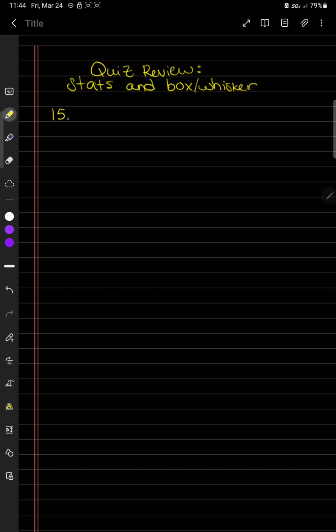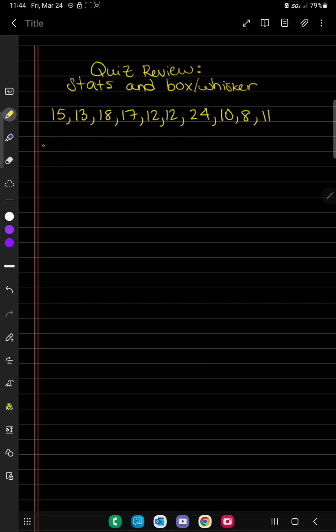Let's say we have 15, 13, 18, 17, 11. Okay, so we can do the box and whisker last. The stats are usually a little bit easier.